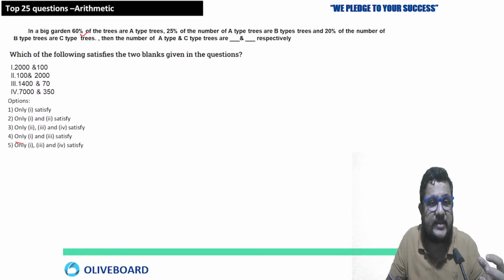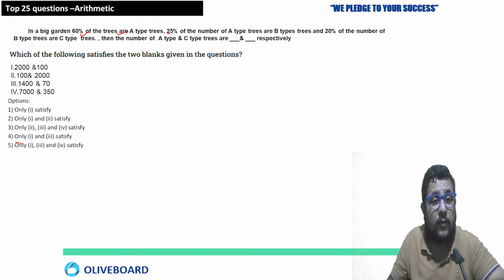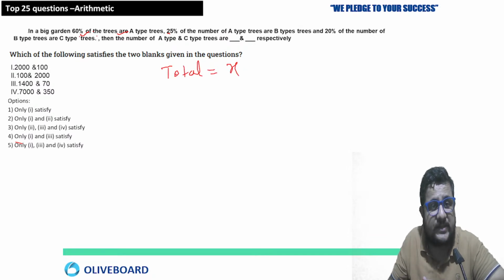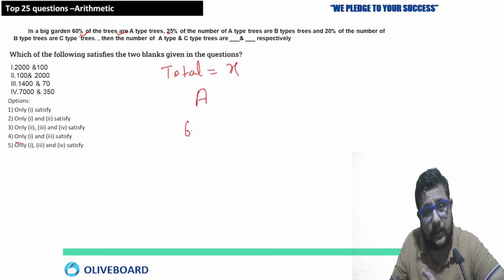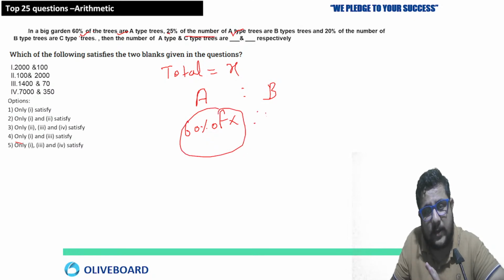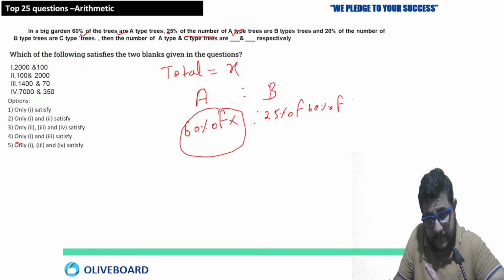In a big garden, 60% of the trees are A-type trees, 25% of... so see here what is given. In a big garden, 60% trees. So we say the total number of trees is X. Now 60% of trees, so A is 60% of X. Then B is 25% of A type, means 25% of 60% of X, right?